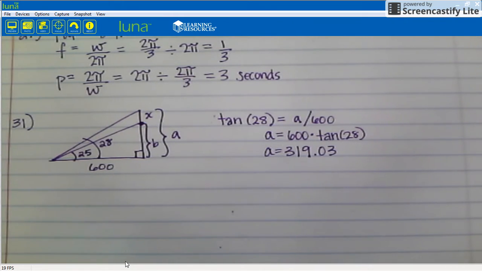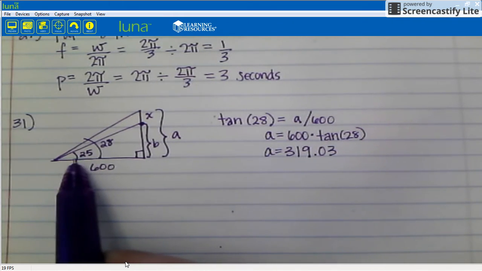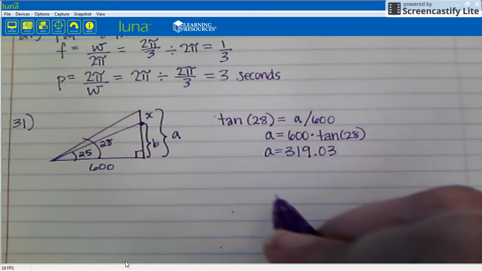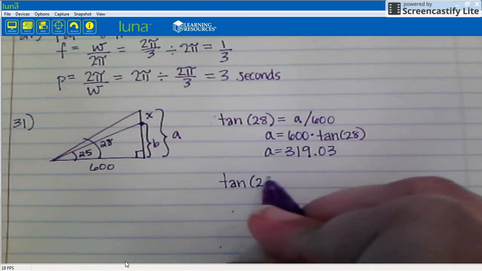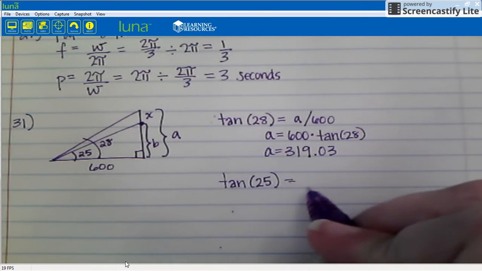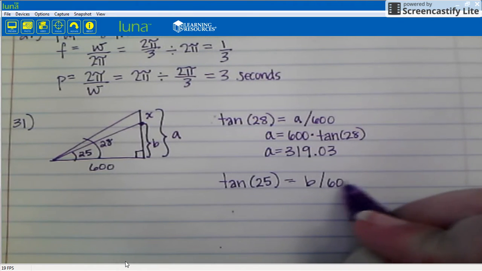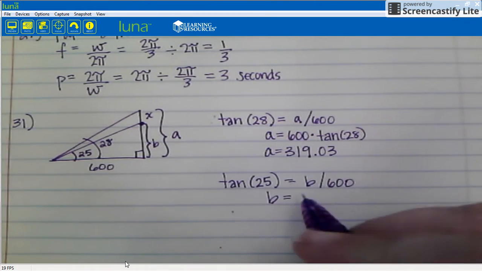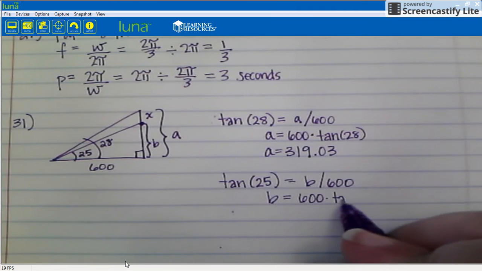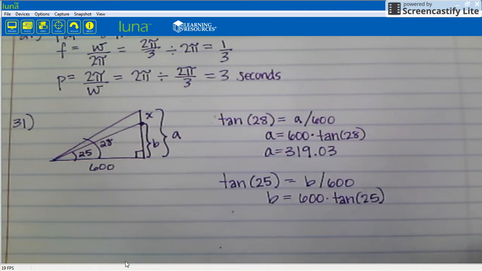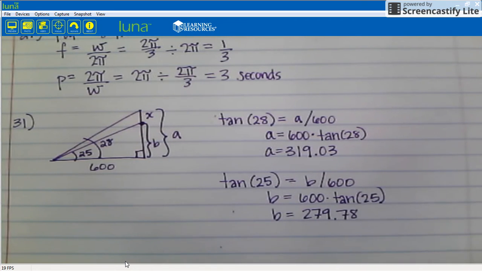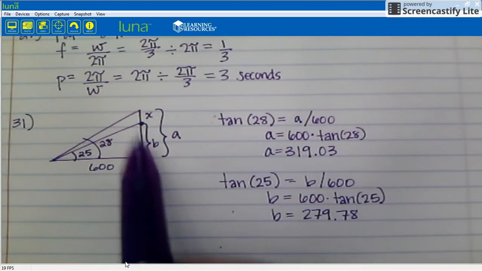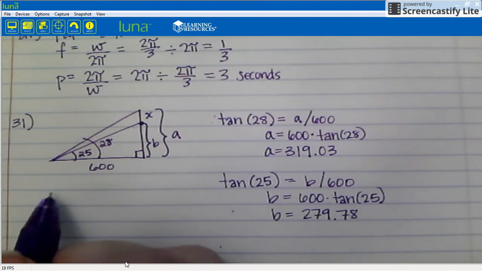And then to find B, I'm going to do the same thing, except I'm only going to use the 25-degree angle. So I know that the tangent of 25 is equal to B over 600, which means B is equal to 600 times the tangent of 25. So this gives me B is equal to 279.78.